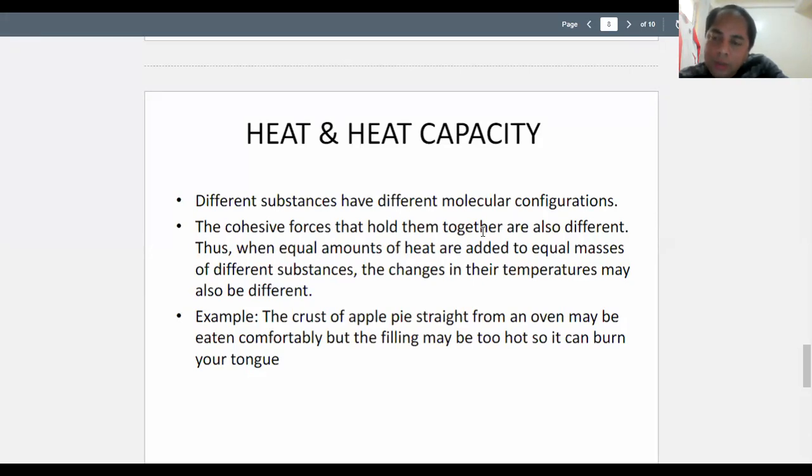Now just imagine if that boiling water in a cup spills over your arm. You'll notice that you'll get burned right away. However, it will not be the same kind of burn. It is not the same if it's just a glass of water compared to a whole casserole of water spilling on your arm.